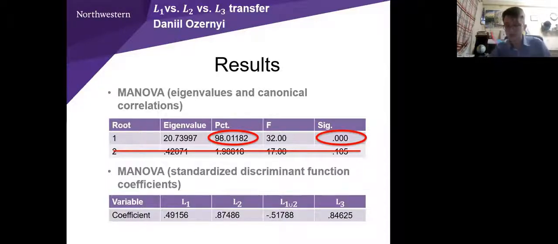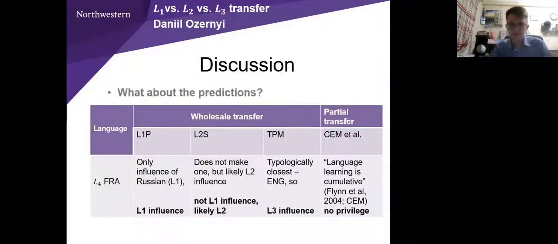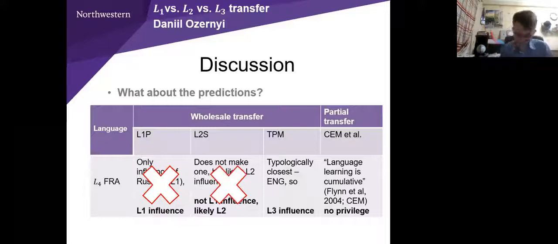However, let's sum up and get back to the predictions. So, was a privileged role of L1 detected as predicted by L1P? No, it was not. Was a privileged role of L2 detected as predicted by L2S? No, it was not. Was a privileged role of L3 detected as predicted by TPM?